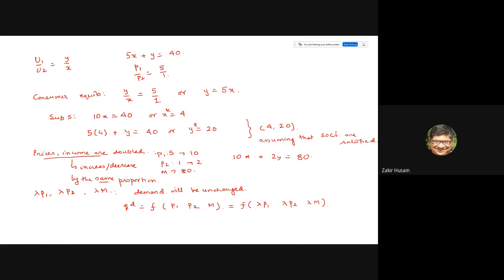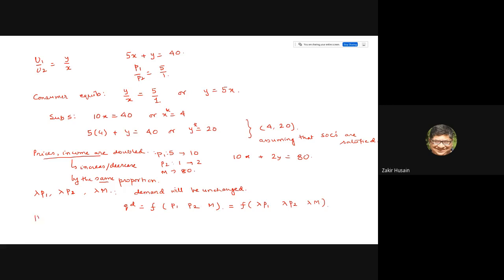The value of Q over here is same if you have P1, P2, M, or if you have lambda P1, lambda P2, lambda M. Demand is unchanged. Can I write this?